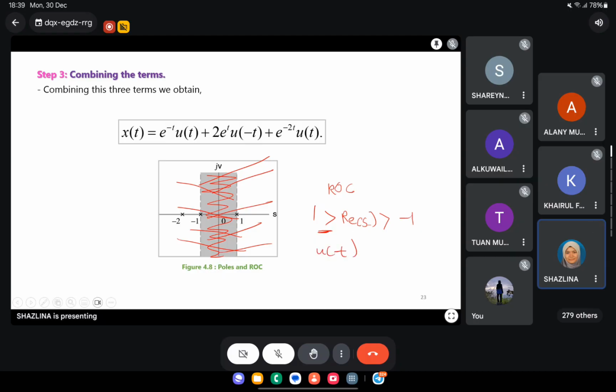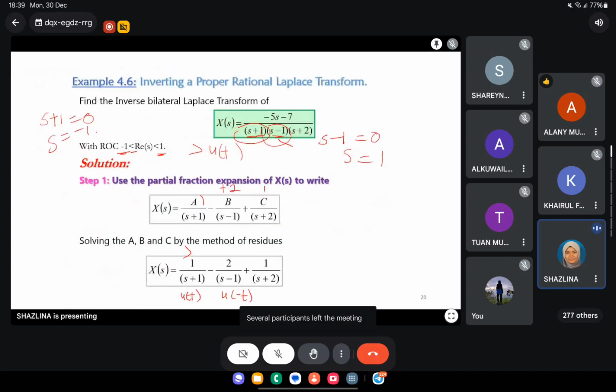Faham tak? You guys get this? The inversion is the same, but you have to consider the ROC. If it's bigger, then it has to be u(t). If the ROC is smaller, then it's u(negative t). But it depends on which pole lah. In this case, the poles involved are negative 1 and 1.